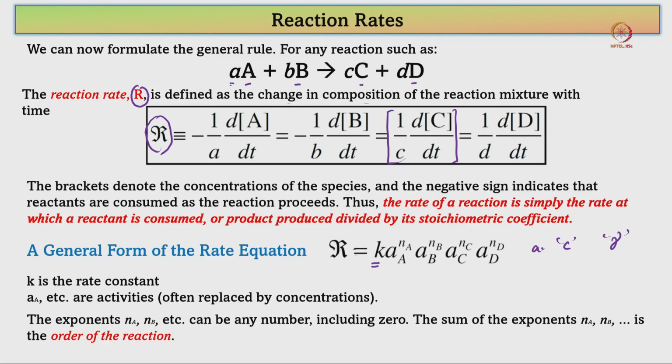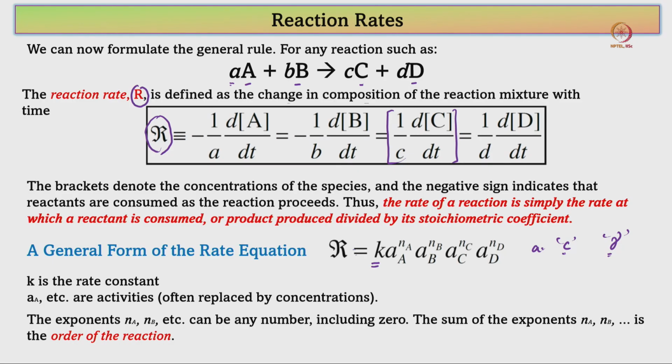But if you do not know this, then comes the problem. If you are not sure, you simply assume that your activity is very close to your concentration if it is a dilute solution. If it is a concentrated solution, then that might become a problem.